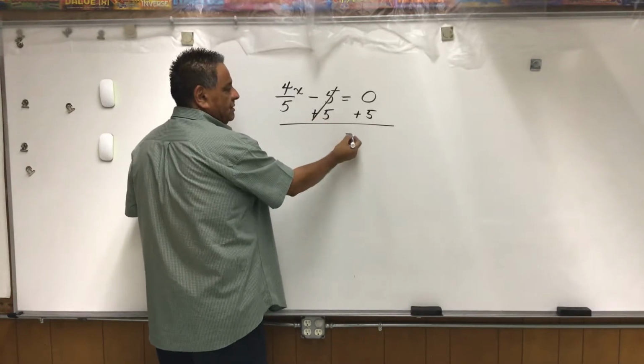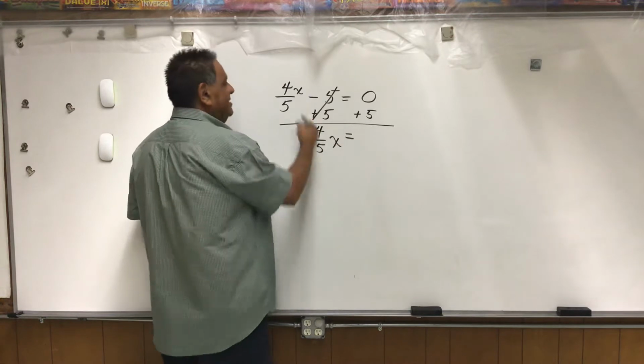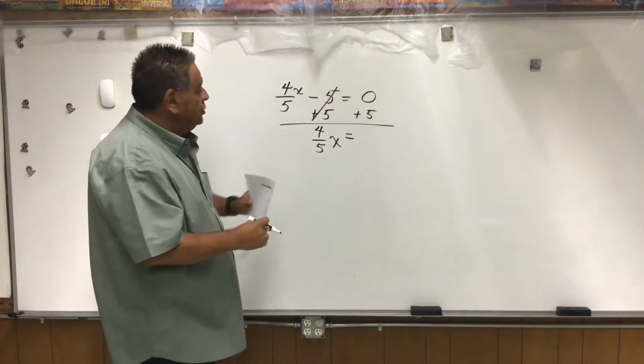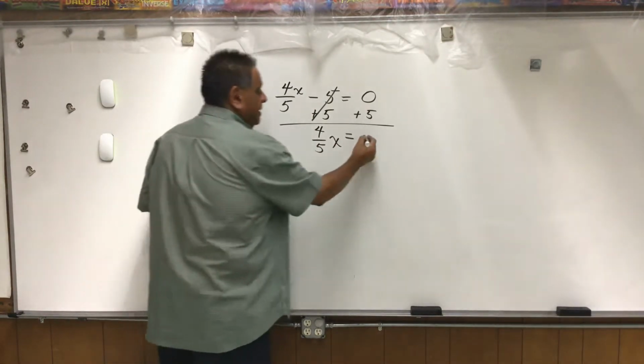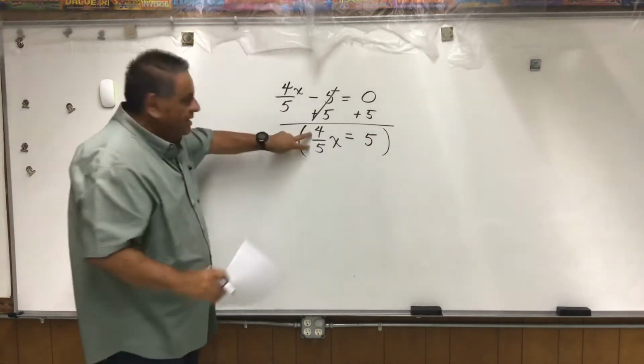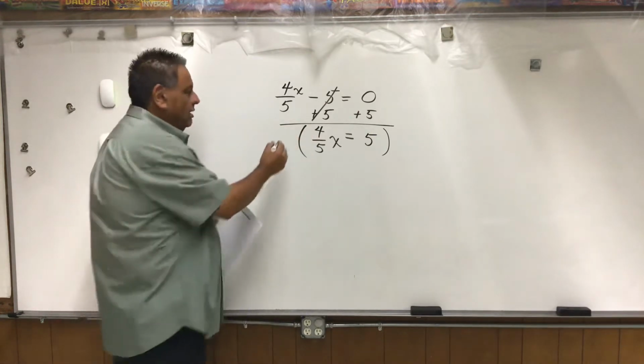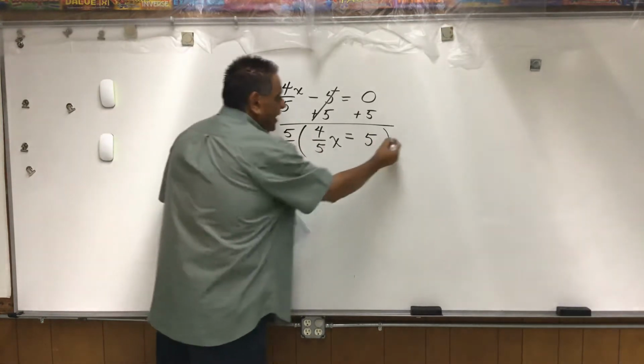This cancels. We'll bring down what's left, so it's 4/5 x, and there's 5. Now in this case, remember, we want to eliminate the 4/5, and we eliminate it by multiplying by its reciprocal, 5/4, on both sides.